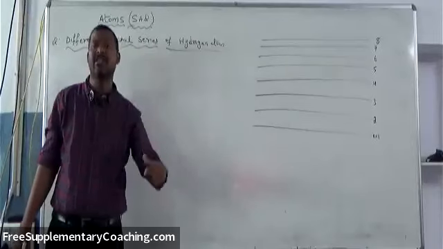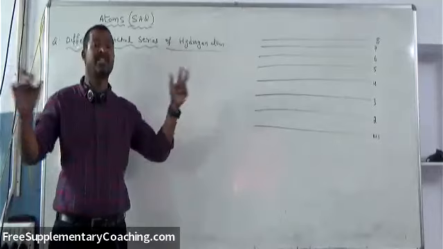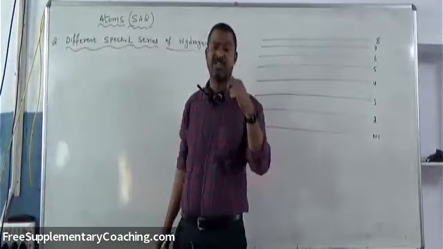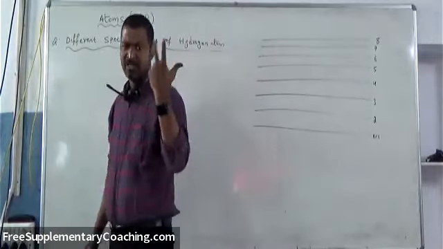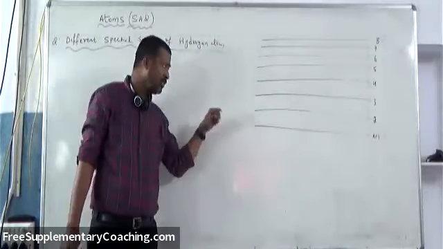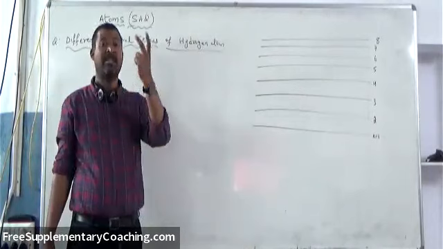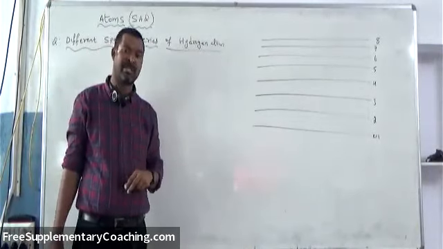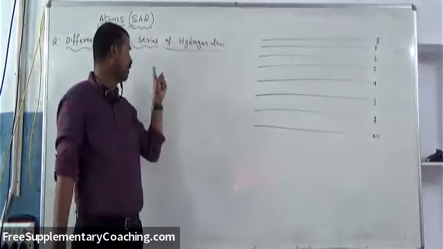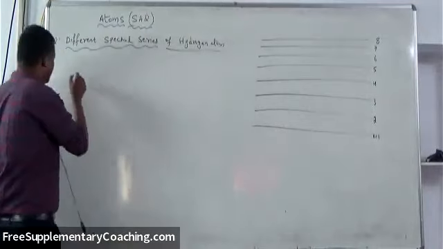Like that, a series of lines will come that may lie in different regions of the electromagnetic spectrum, such as ultraviolet, visible, and infrared. These lines emitted during transitions from higher to lower energy levels may lie in any one region, and the lines of a particular series form that series. I told you there are 5.